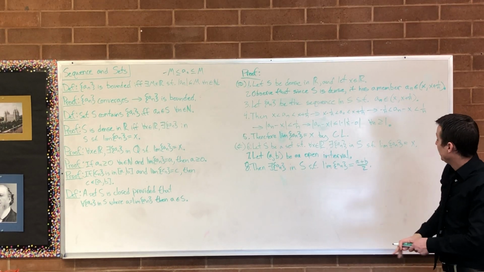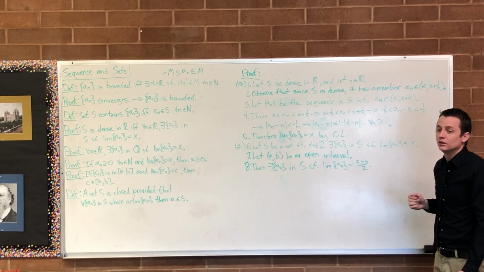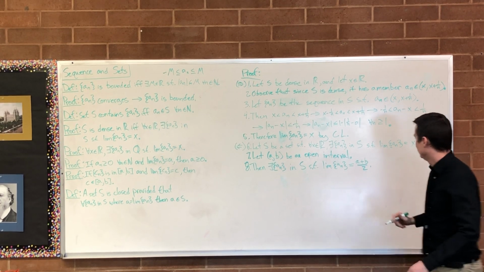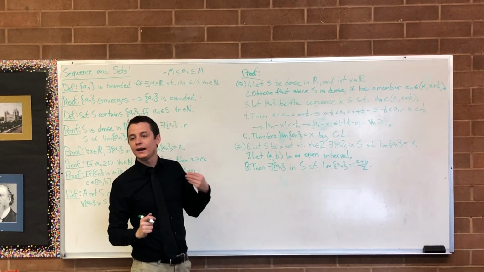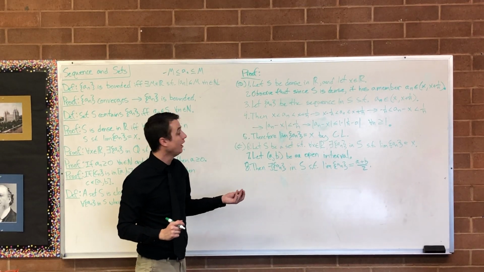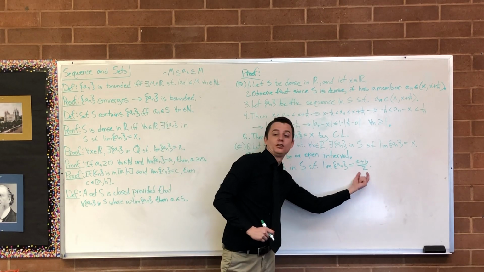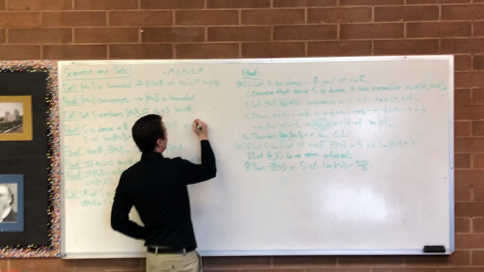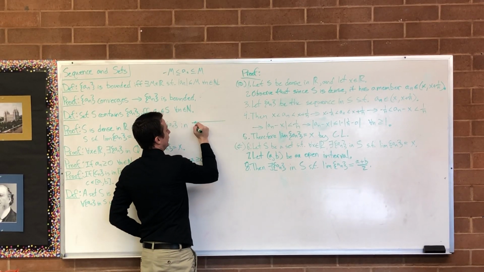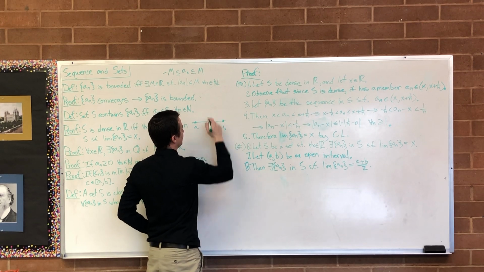Okay, so if I know that my sequence converges to (a+b)/2, then what does that give me? Then for any epsilon I pick, I know that my term will be within epsilon of this. What's the epsilon I'm going to want? Let's draw a picture real quick. I've got a here, I've got b here, (a+b)/2 is right in the middle.